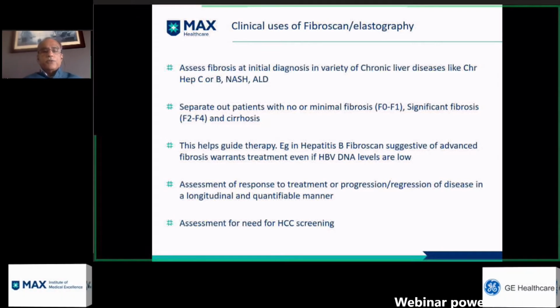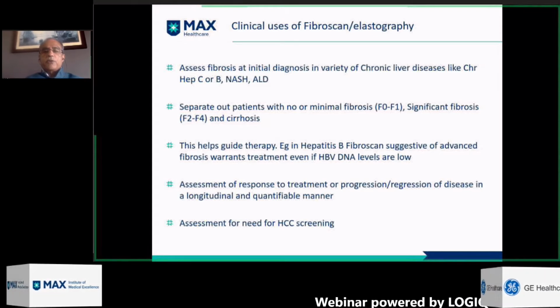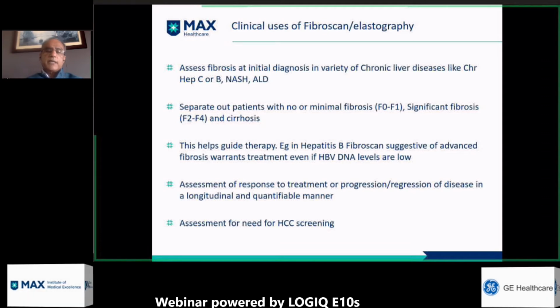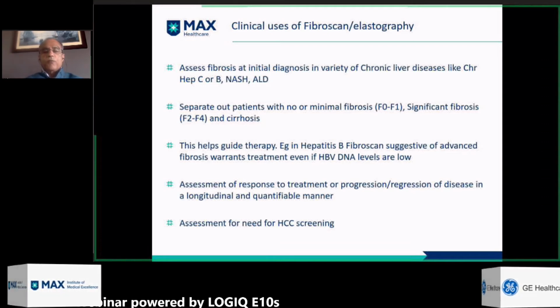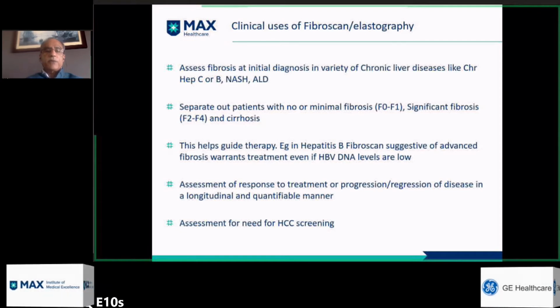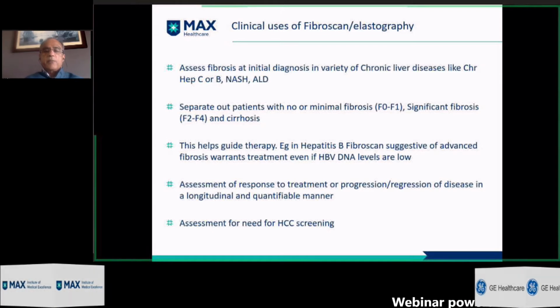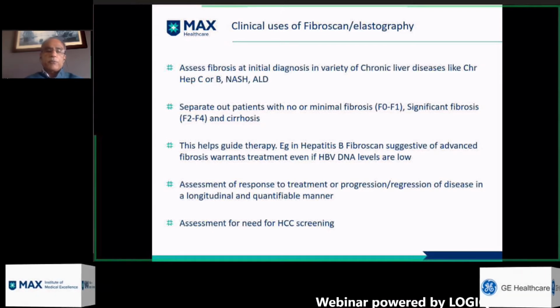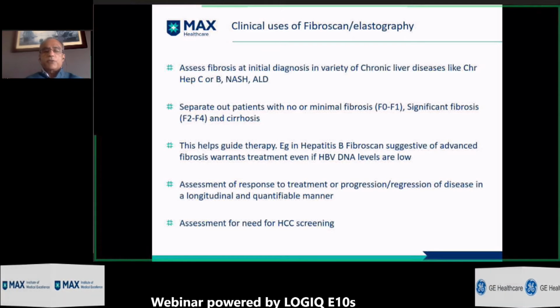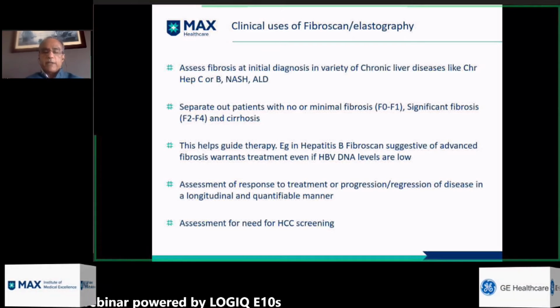We also use it to separate out patients with no or minimal fibrosis from significant fibrosis and cirrhosis, because that helps us decide what treatment to start, and how emphatically we need to tell the patient what they need to do. So even if the patient thinks he's a moderate drinker but the FibroScan is suggestive of F2 to F3 fibrosis, we would strongly advise him to give up alcohol completely.